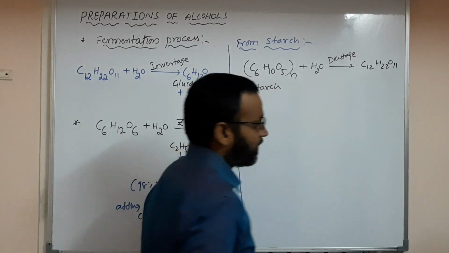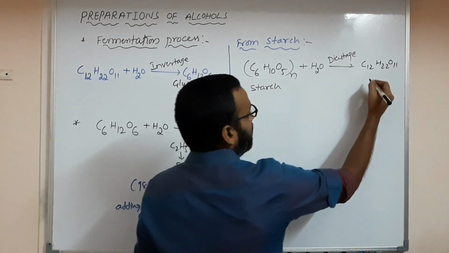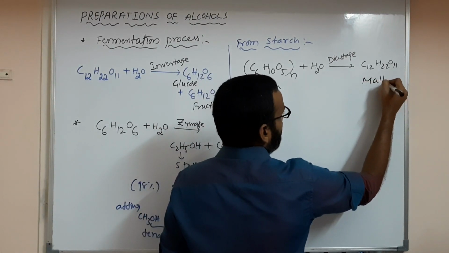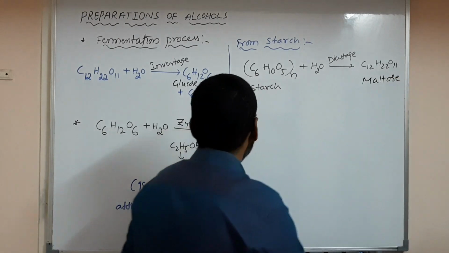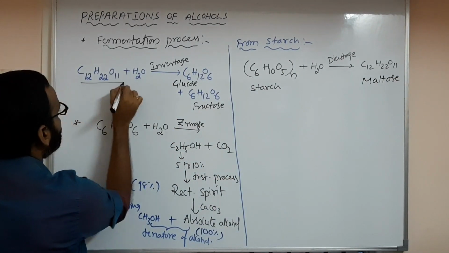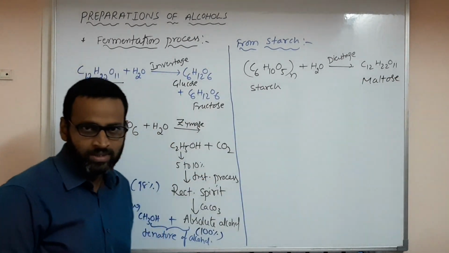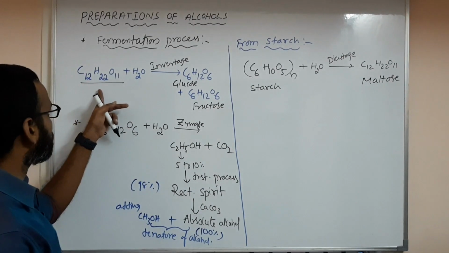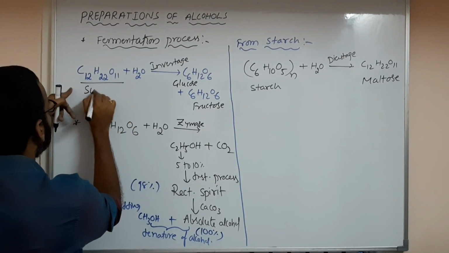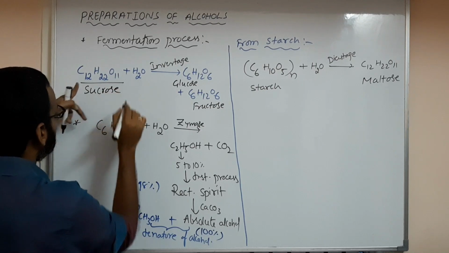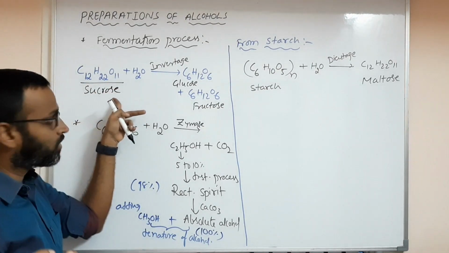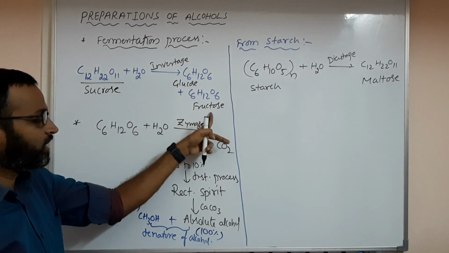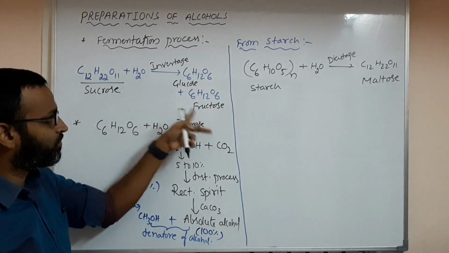C12H22O11. This is maltose. Sucrose formula and maltose formula are the same, but sucrose is a combination of one aldose and one ketose, one glucose and one fructose.